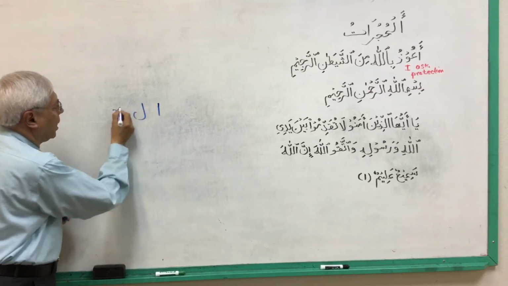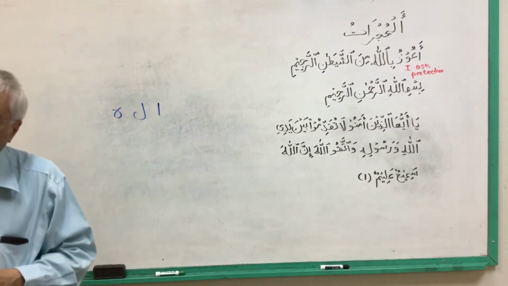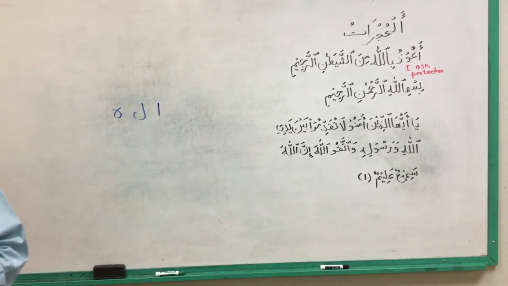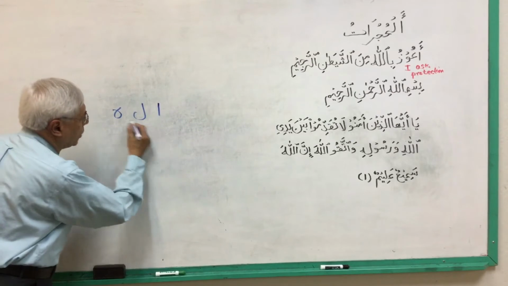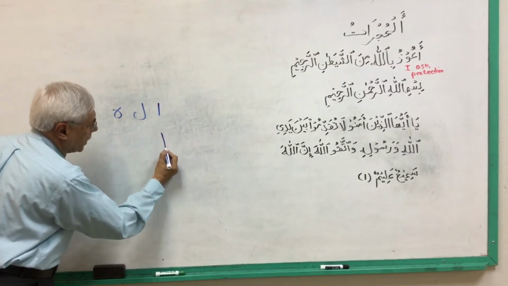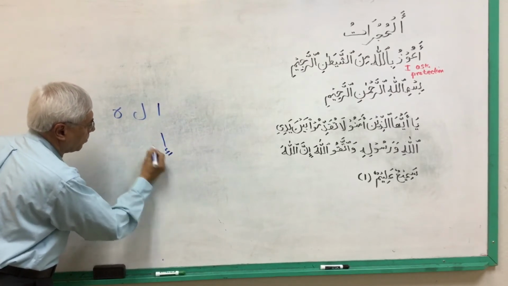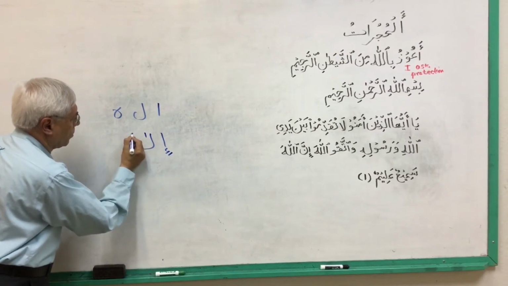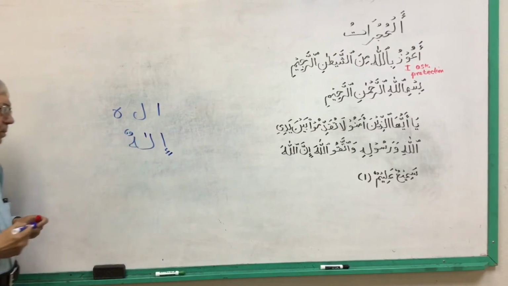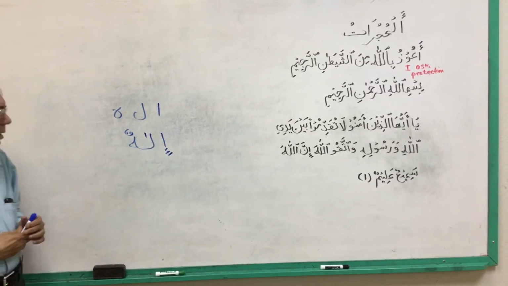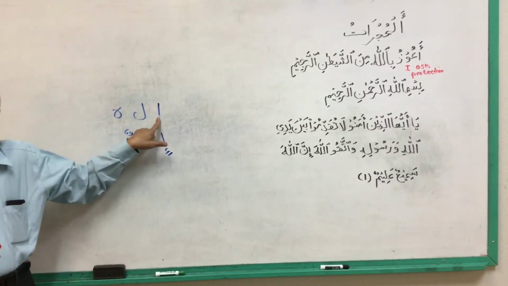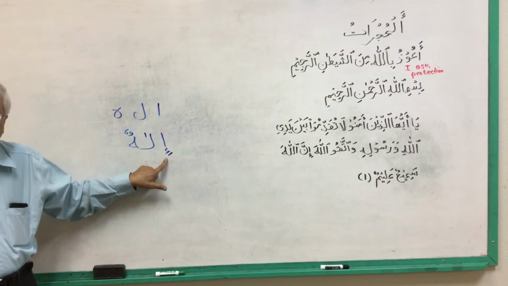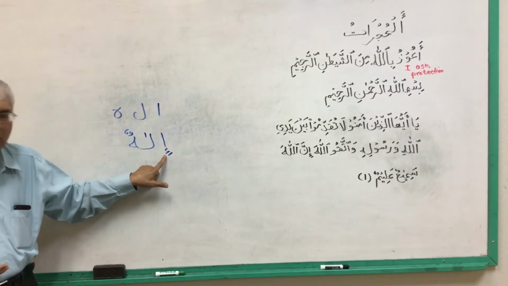Lam, and Ha. All words start with three letters. Now I'm going to combine these this way. What I did here, I took the first letter and put a kasra, basically the sound of kasra, a hamza underneath.